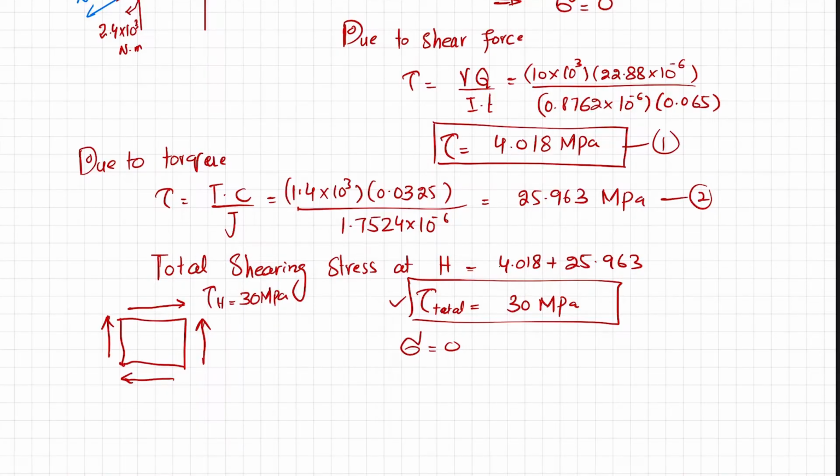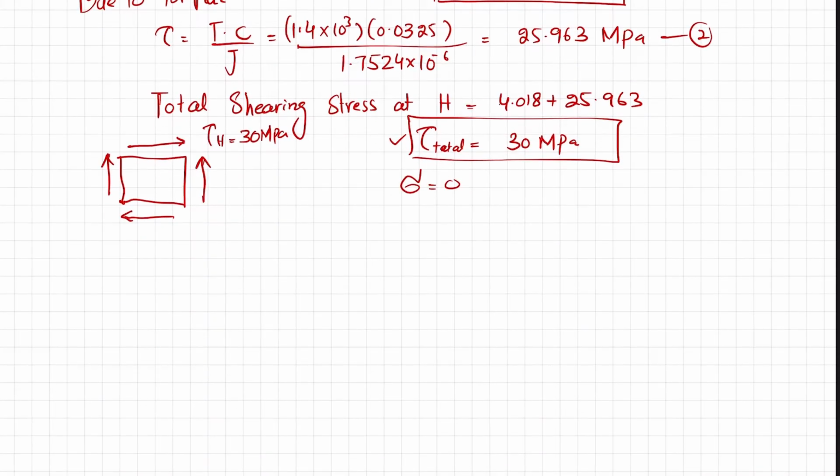Now we'll move toward finding the principal stresses. We know that the maximum principal stress, sigma 1, 2, is equal to sigma average plus minus R. So what is sigma average?